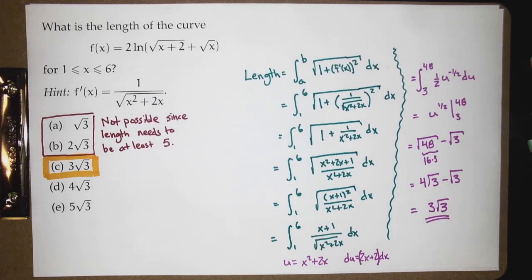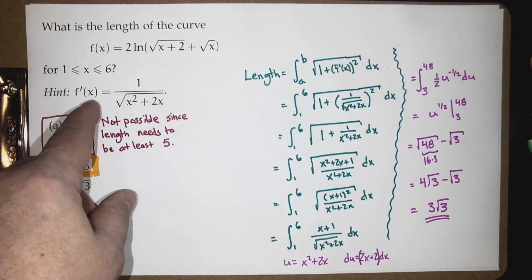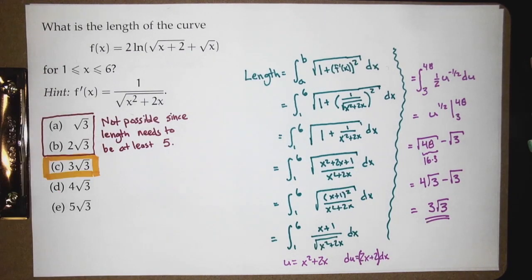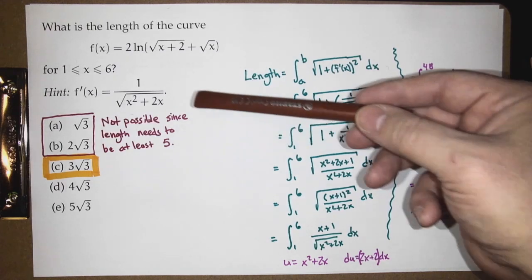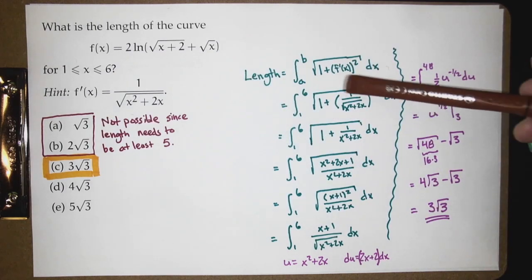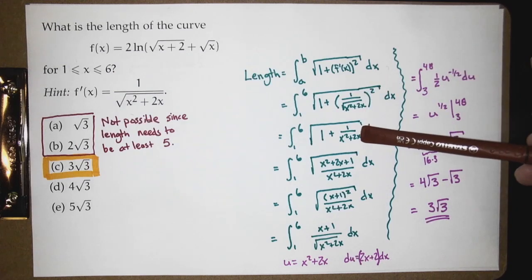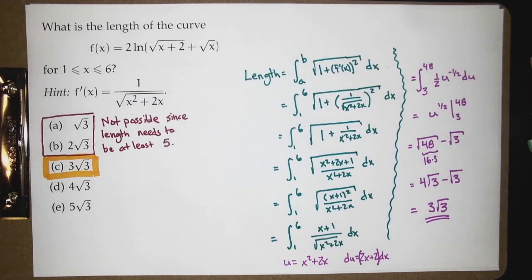We have a formula for length. That's square root of 1 plus f prime of x squared. That's why they gave us this f prime of x. They were very nice. They gave us a hint that was useful. Generally speaking, hints tend to be useful. And, well, what happens? You plug in what f prime of x is. And when you square, you get rid of the square. So it's 1 over x squared plus 2x. Common denominator. X squared plus 2x on the inside.